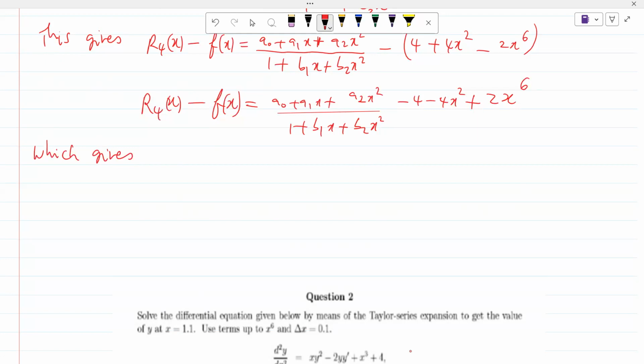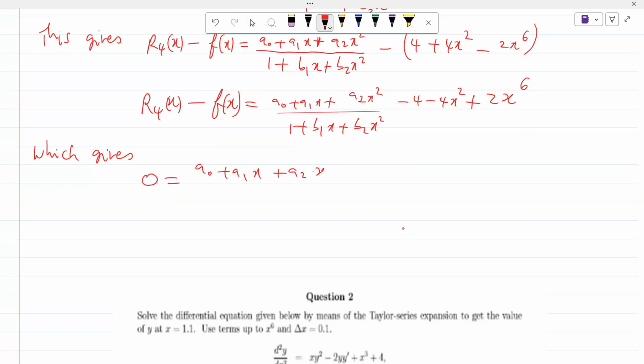If we agree that R4 is the approximation to f, and therefore the difference is identically 0, it therefore gives 0 equals A1x.